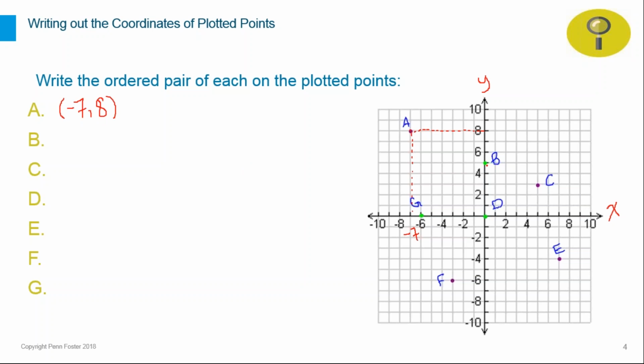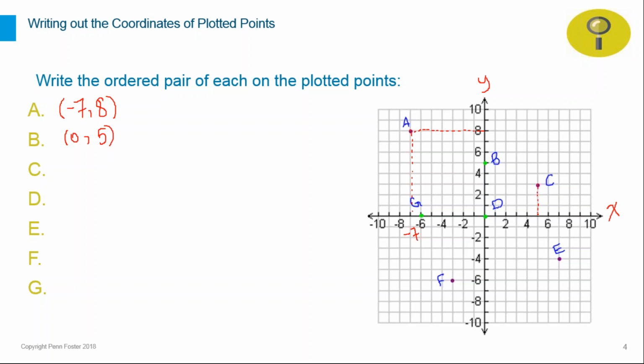B is right on the y-axis. So that makes the x value 0, because remember, this is the origin with x equals 0. So 0 for x, and the y coordinate of that B point would be right on the 5 on the y-axis. Point C, same thing.